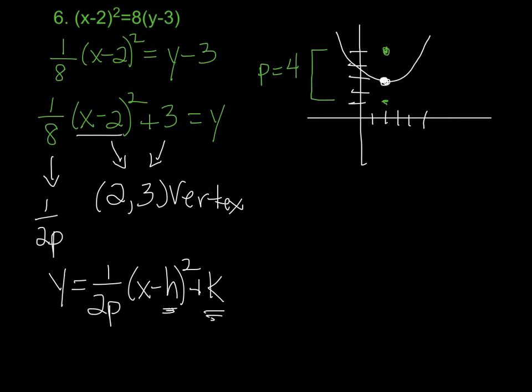Remember, the directrix is a line, and that line cannot cross the parabola. So obviously our directrix can't be right up here. So our directrix will be the line that goes like this. There is our directrix, and our directrix is the line y equals 1.